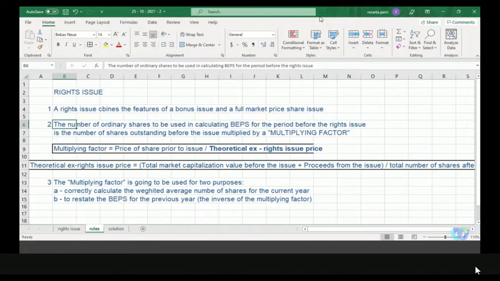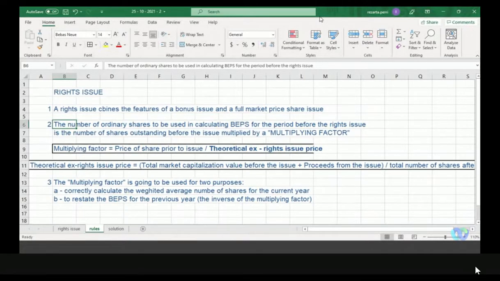The multiplying factor in case of rights issue is not a ratio between numbers of shares, but a ratio between prices of shares: the price prior to the issue to the price after the issue, not actually the market price, but what we know as an assumed, theoretical ex-rights issue price.